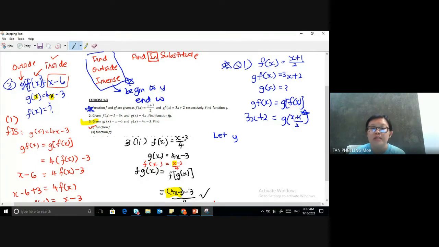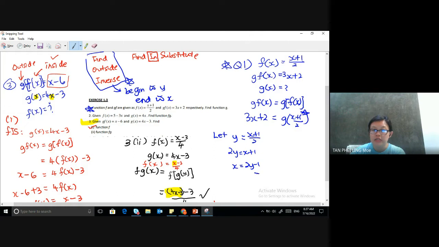Remember this slogan? That's why now you begin with y. Let y be the star one, which is (x plus 1) over 2. Now you have to make x the subject. So 2y equals x plus 1. Then x equals 2y minus 1.